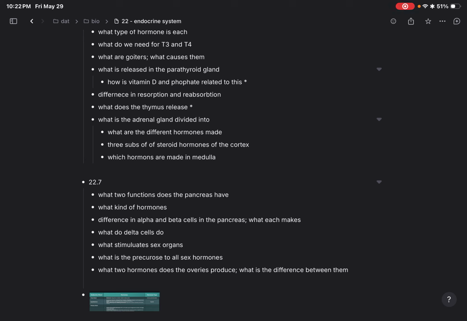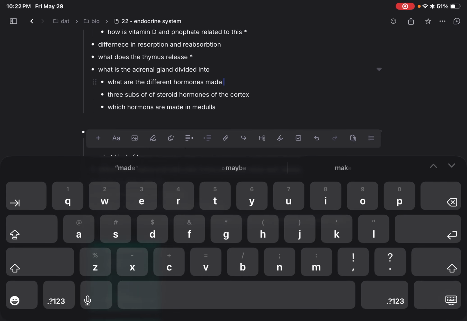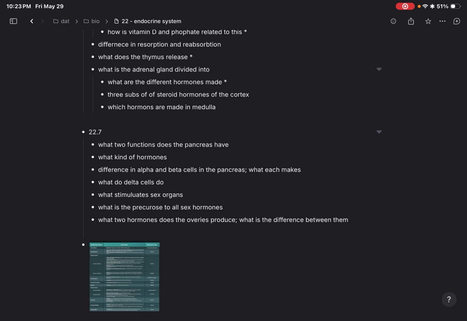What are the different hormones made? Three subs of steroid hormones. Okay, so there are three different types of hormones made by the adrenal gland, but they're different for the cortex and the medulla. So the cortex is going to make glucocorticoids. That's a guess.